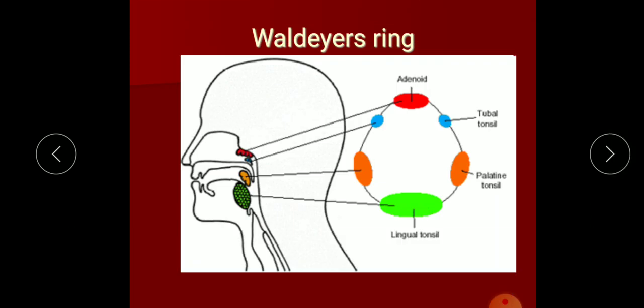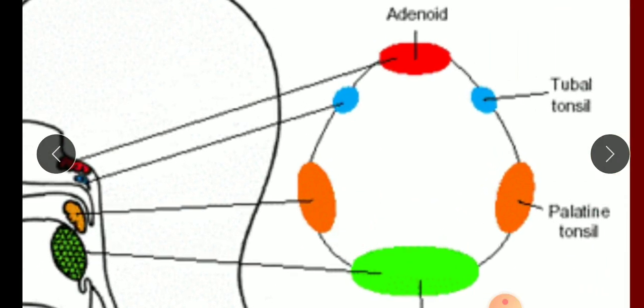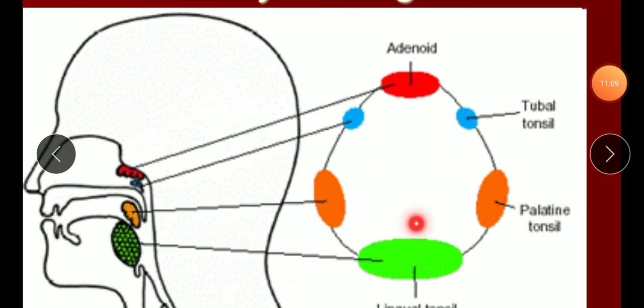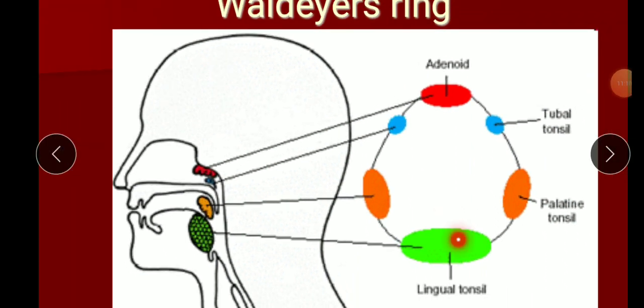So look at that, that is the Waldeyers ring. So this is a section. So these four together forms the Waldeyers ring. So this is the nasopharyngeal tonsil. Okay, and on either side you find the next tonsil, that is the tubal tonsil. Then you find the next tonsil here, that is the palatine tonsil, and very close to the posterior third of the tongue you find the next tonsil, and that is the lingual tonsil.